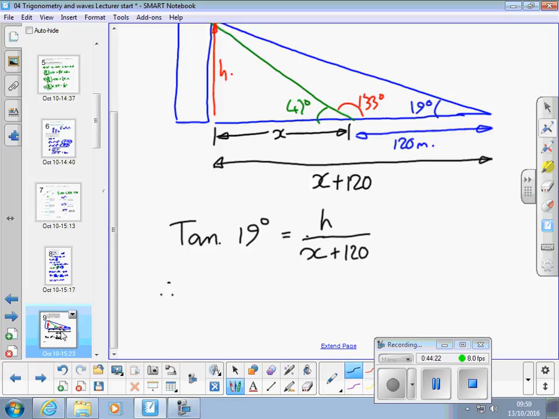Then if we can rearrange that for h. So how do I rearrange that for h? Might help if you think of that being in brackets. Because that's just a number. It's an unknown number plus a constant.